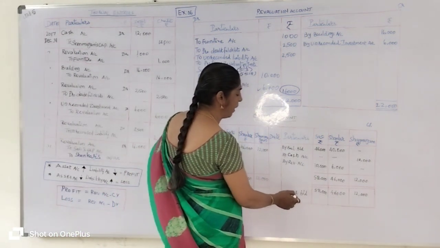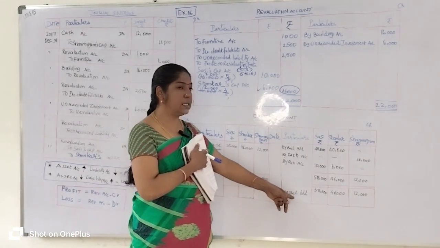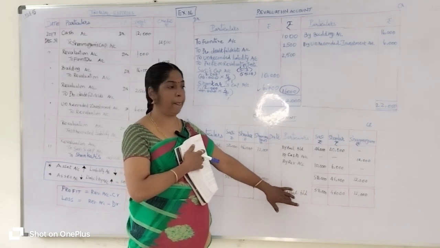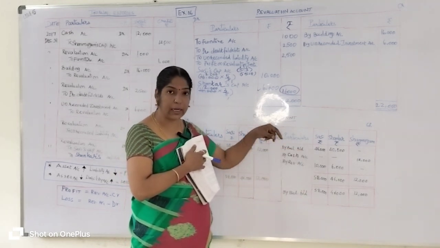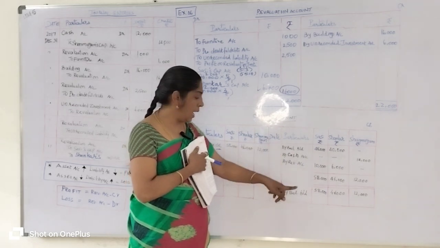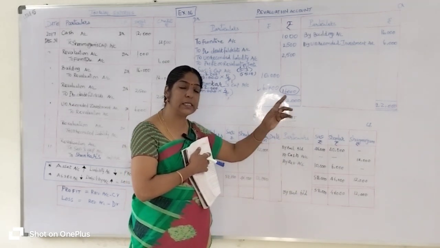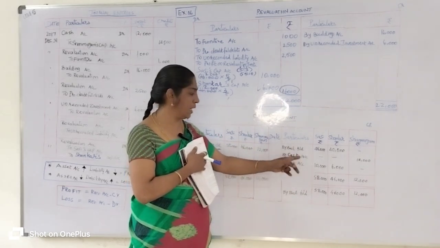You are going to write by balance b/d, which means this is the opening balance of the next accounting period. So this balance b/d tells us this is the opening balance of the current accounting period, and this balance b/d tells us this is the opening balance of the next accounting period. Got it? What is the difference between both balance b/d?